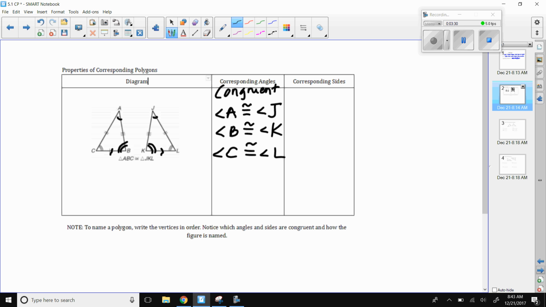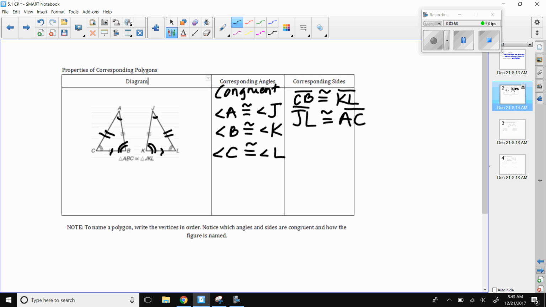And the same idea for the sides, the tick marks that you have on the sides. Okay, CB has just 1 tick mark. It's going to be congruent to KL. I see 2 tick marks on JL and 2 tick marks on AC. So JL is congruent to AC.